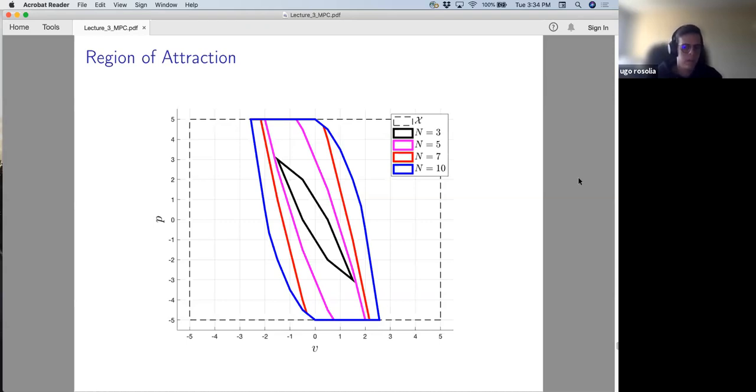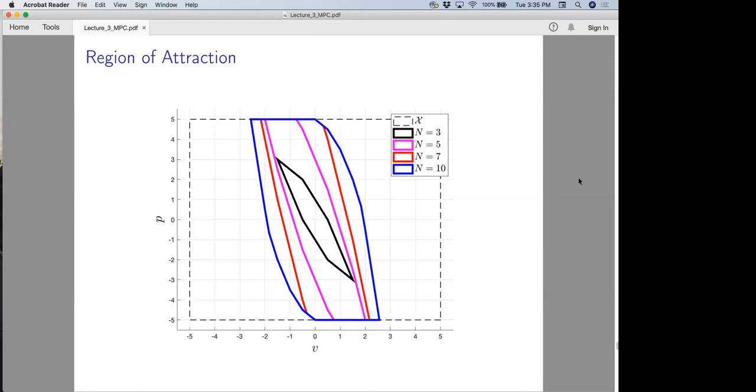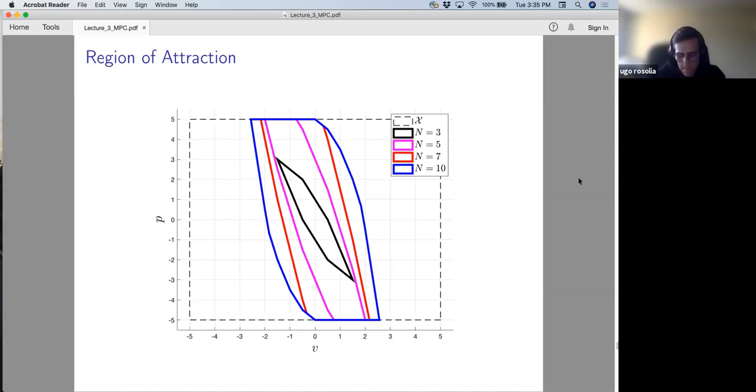We will see this in the next lecture, and how we can use learning to design these sets. Does this answer your question? It does, because these terminal sets would be like intermediate solutions that help you plan as you go. Exactly.